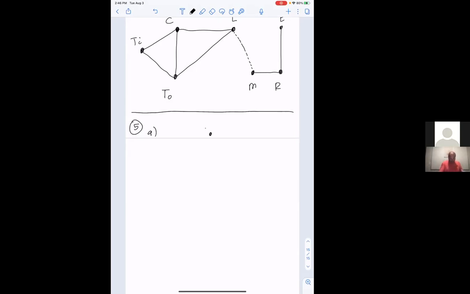So here's Starnberg. Starnberg goes to Polsenhofen.